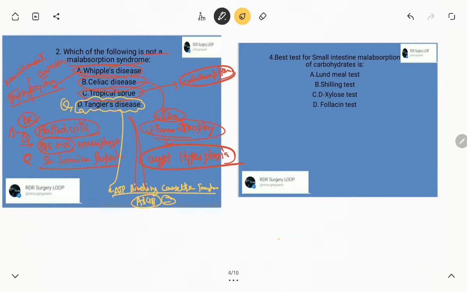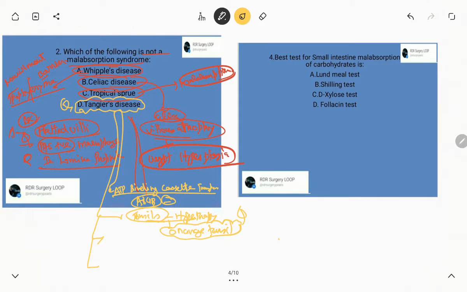What are the important features I want you to remember in Tangier disease? The striking feature is increased size, or hypertrophy, of your tonsils. We call this the orange tonsil, which has been asked in MCQs previously.